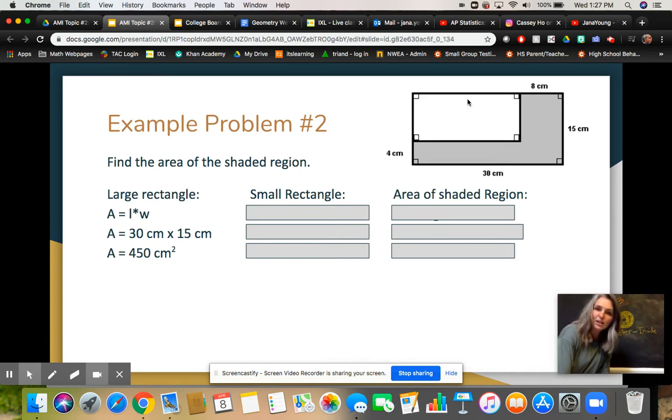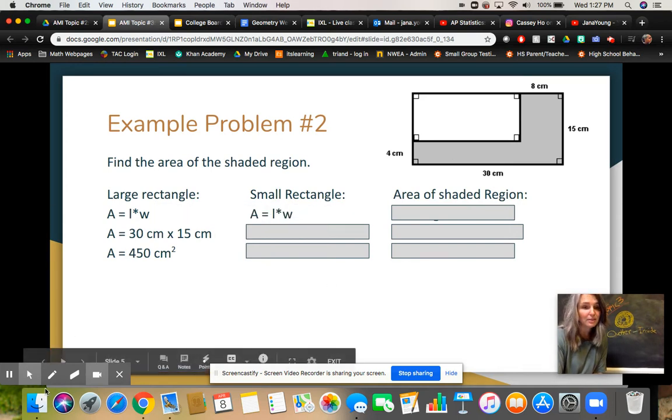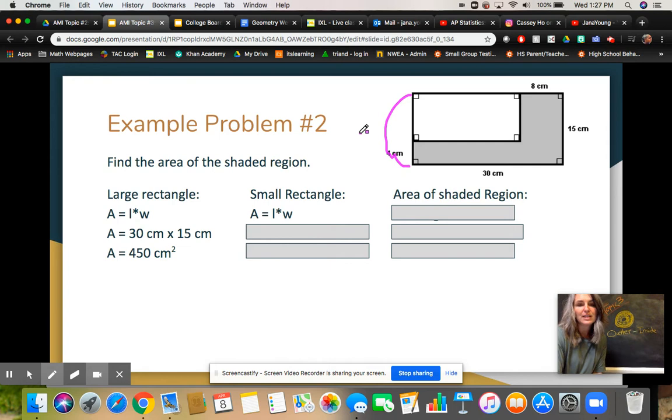All right, so now let's look at the small rectangle, and because, why make things easy, I didn't tell you the measurements. So we know we're going to need length times width. So now we have to find them. So we know this whole side is 15. And we know this little part right here is 4.